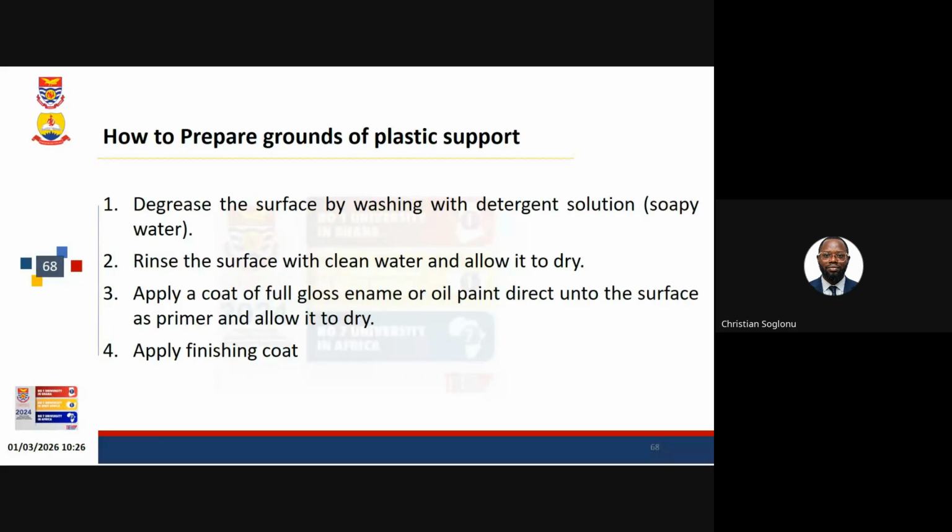So the finishing coating, that is where you do your actual work. After you are done with applying the oil paint directly on the surface as a prime, now you can come and do your painting or probably your drawing or your artwork on it.